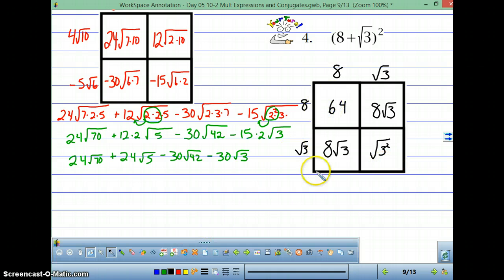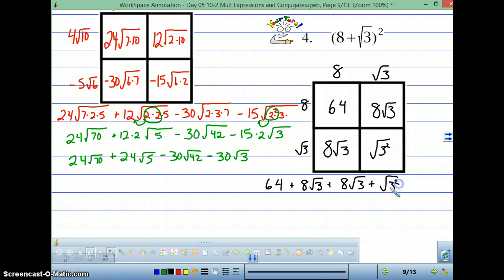Okay? Let's rewrite them down here and we'll simplify. 64 plus, let's see, I've got 8 root 3 plus 8 root 3 plus root 3 squared. Where can I find my perfect squares?